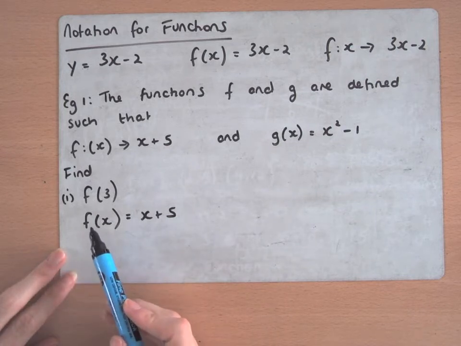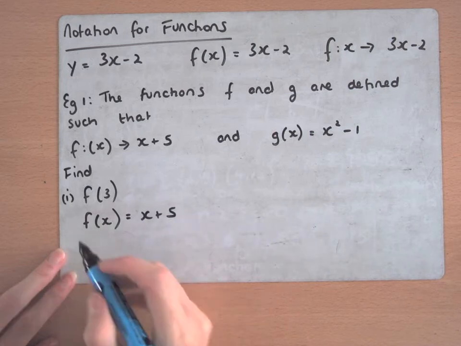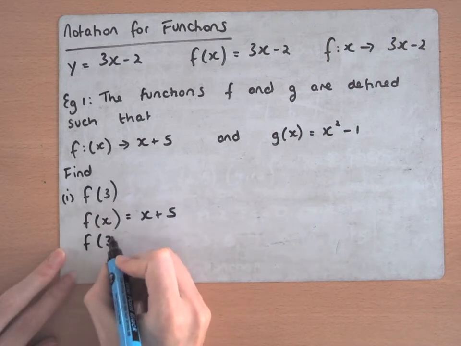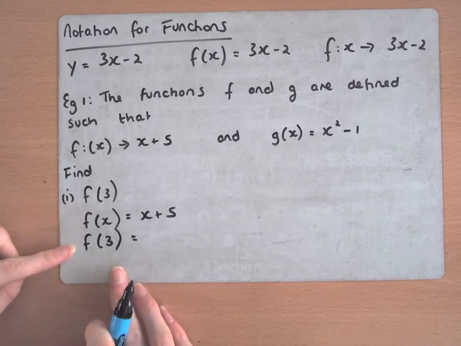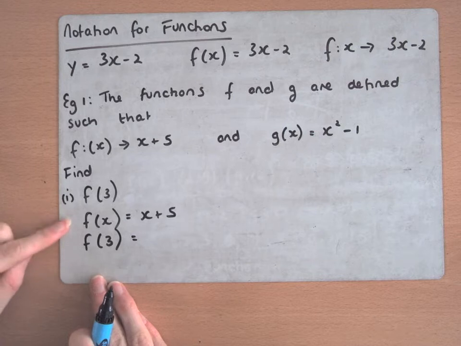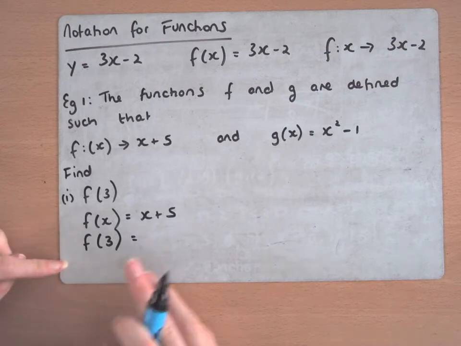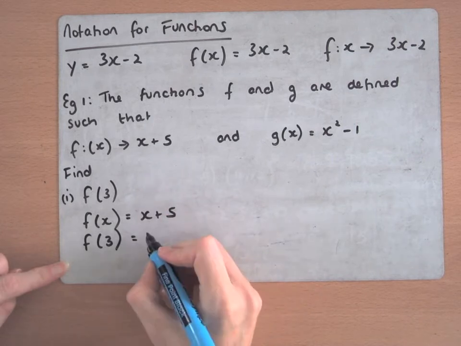So, I have the function f of x equals x plus 5, and I want f of 3. What's the difference between this line and this line? Instead of x, you now have 3. So over here, instead of x, you're going to put in 3.